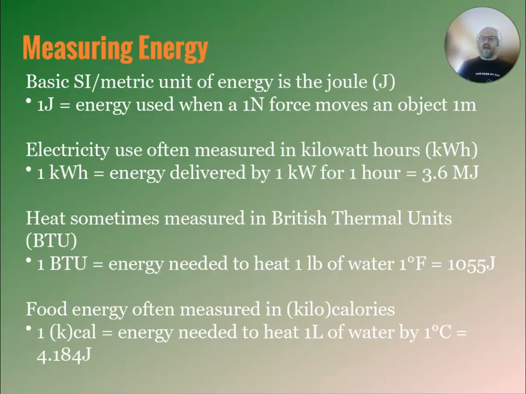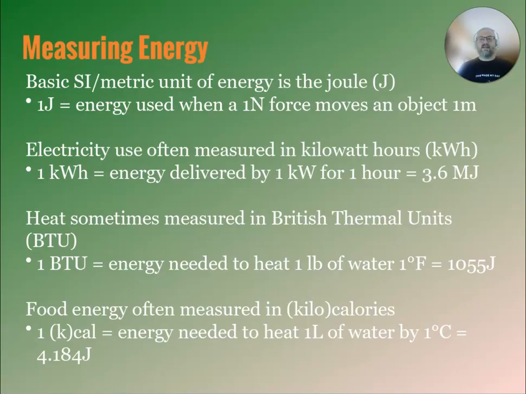When you have mega in front of a scientific unit, that means a million. So 1 kilowatt hour is equivalent to 3.6 million joules. If you're looking at your electricity bill and it tells you how many kilowatt hours of electricity you used last month, you could convert that to joules by just multiplying by 3.6 million.